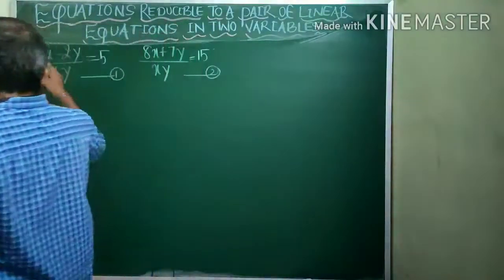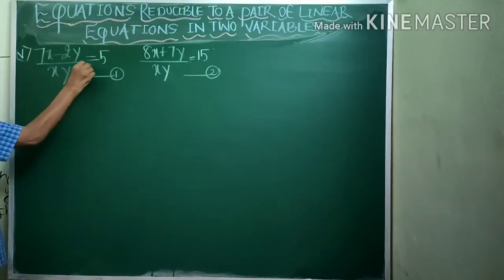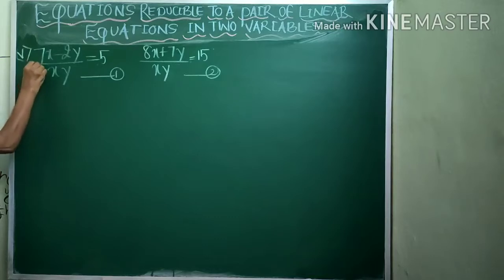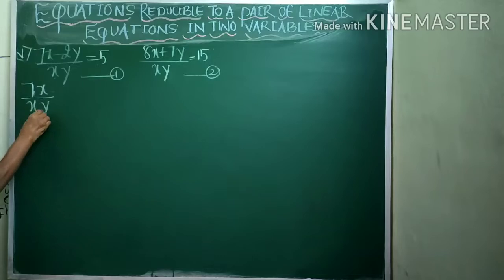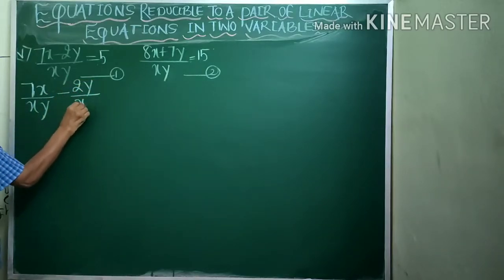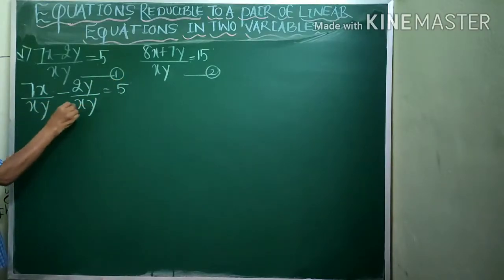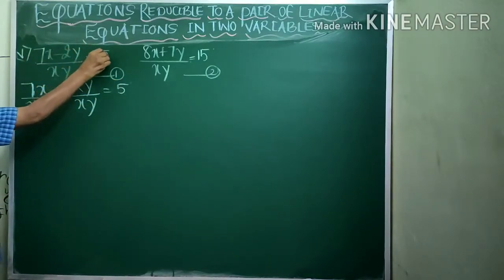Now let us see how we can solve this equation: 7x minus 2y by xy is equal to 5. See here, instead of subtracting 2y from 7x and then dividing by xy, I can write the same equation in this way: 7x by xy minus 2y by xy is equal to 5. Again, if I take the LCM, I will be reaching back to the same step.